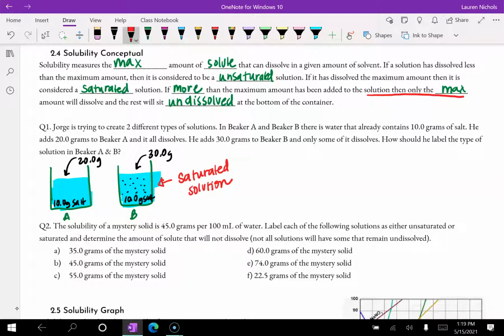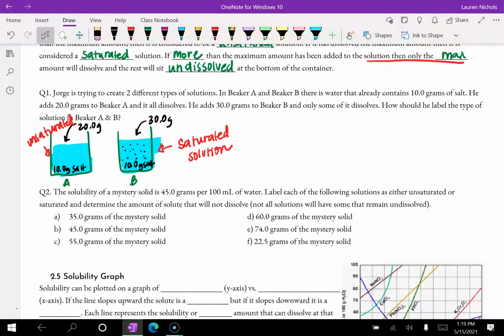Whereas beaker A is probably unsaturated. It all dissolved. It's possible he dissolved exactly the right amount, but we know for sure that it has a good chance of being unsaturated. Because it was able to dissolve.